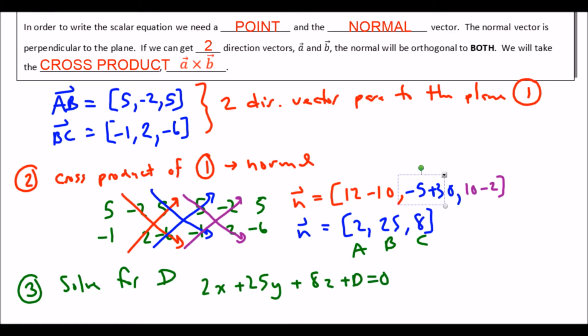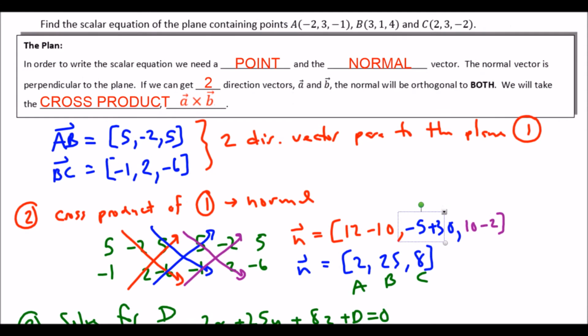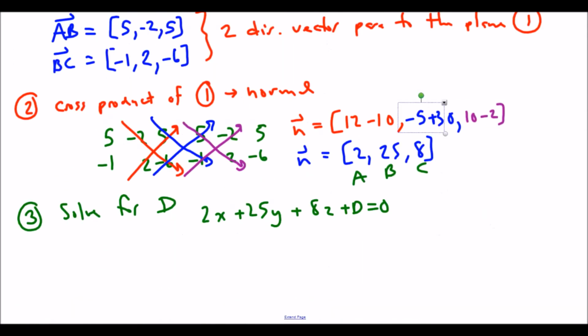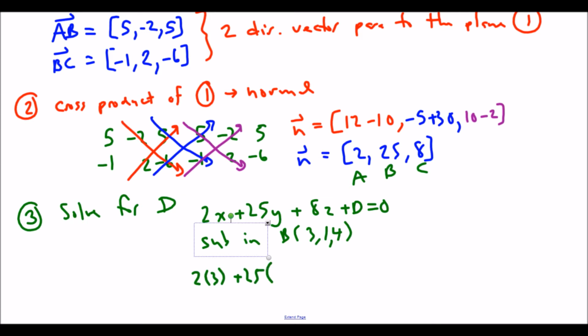Let's sub in. Which point should we use? Let's do B, because I like that. It's pi. So we're going to sub in B, which is 3, 1, 4. So I'm going to have 2 times 3 plus 25 times 1 plus 8 times 4 plus d is equal to 0.